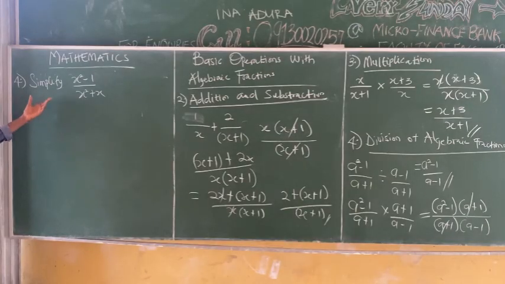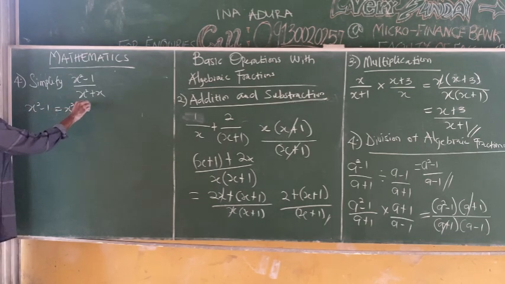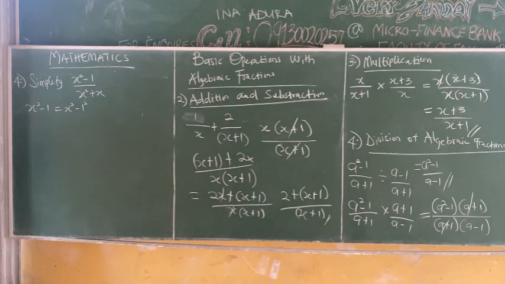Question 4 says simplify x squared minus 1 all over x squared plus x. Now here we have the numerator, which is x squared minus 1. This is the same thing as x squared minus 1 squared, because 1 times 1 is the same thing as 1, so this is the same thing as 1 squared.